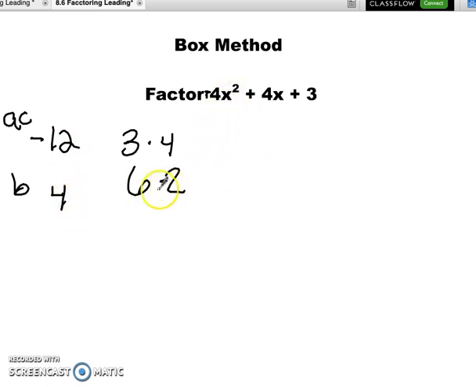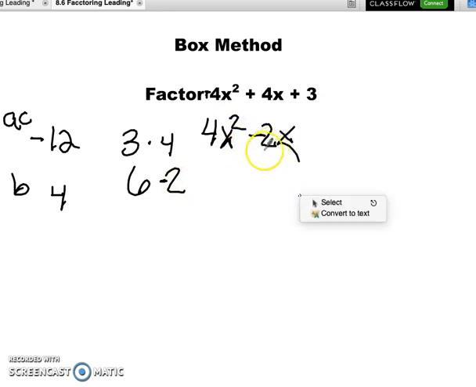So I'm going to split these up again, putting the 2, grouping it with the 4x squared because it has something in common with the 4x squared, and then plus 6x plus 3.